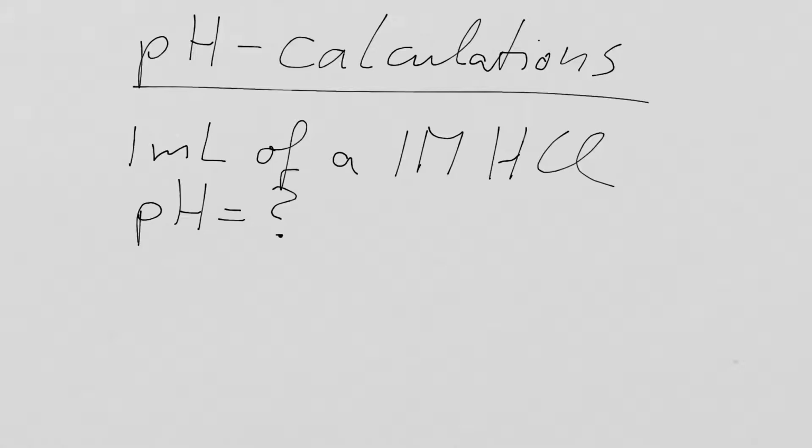How did you do that? This log, minus log, and the one will give you 0. Okay, you are absolutely right. So pH equals negative log of the acid concentration, and we can assume that in this case the 1 molar concentration of the HCl completely dissociates and gives us 1 mole per liter of protons.